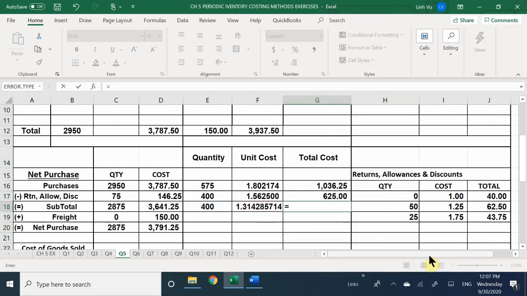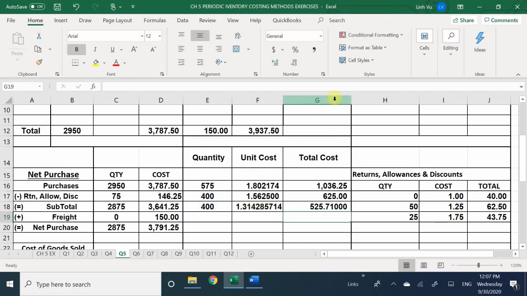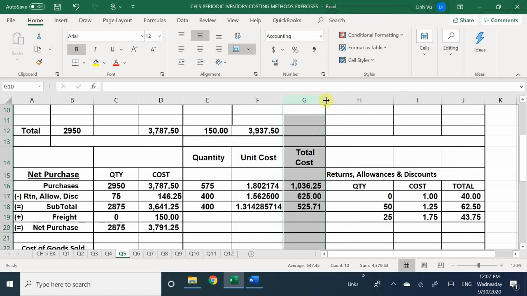So in this case, equal round. Okay, and I enter in my calculations, comma 2, and end my formula to get me now to 525.71. All right, because ultimately that's the number that we're going to journalize, and we cannot journalize a tenth of a penny.